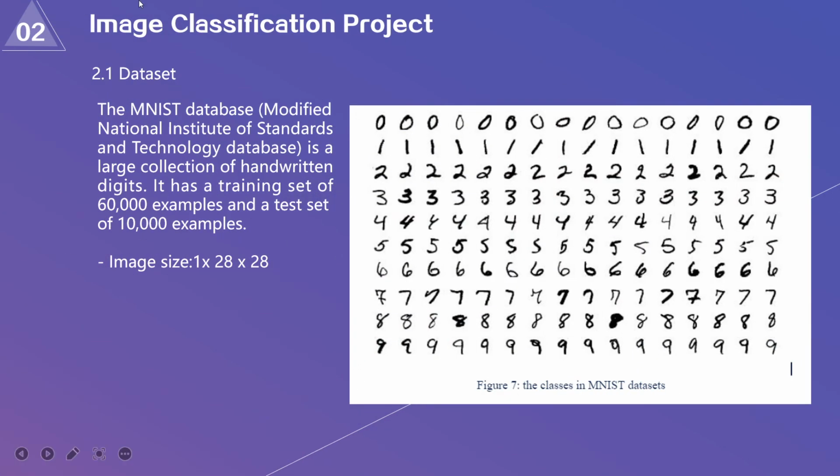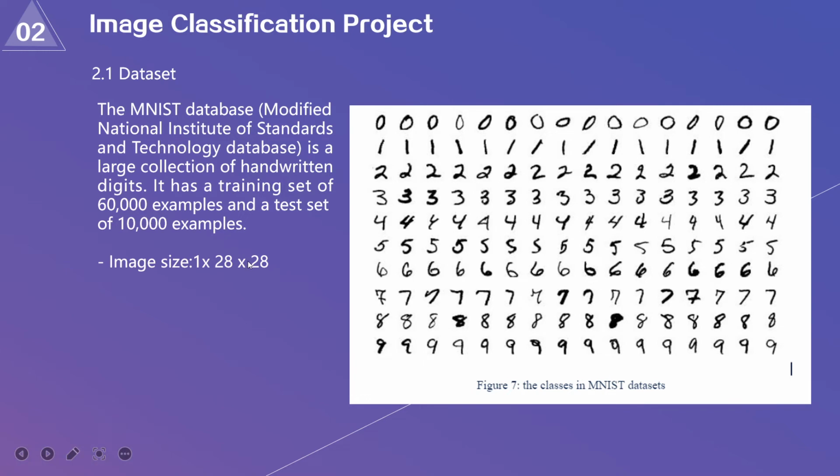So in my project I use the MNIST database. It's a large collection of handwritten digits. It has a training set of 60,000 examples and the test set is 10,000 examples.